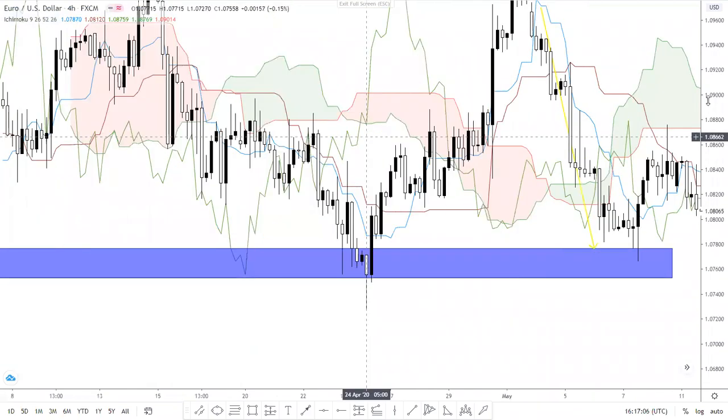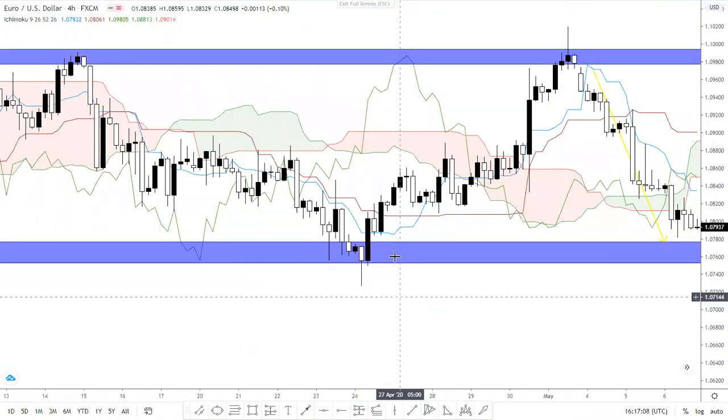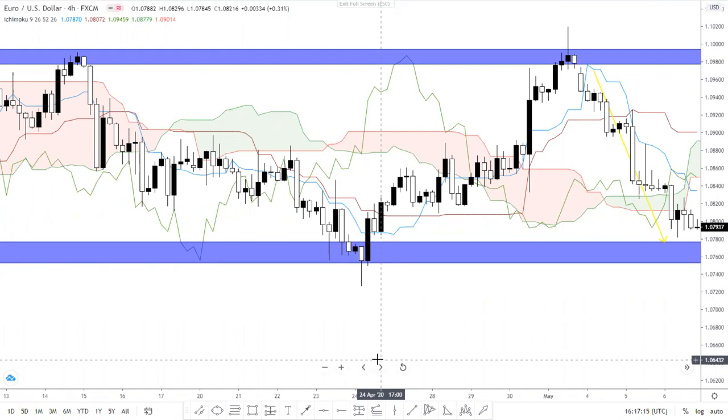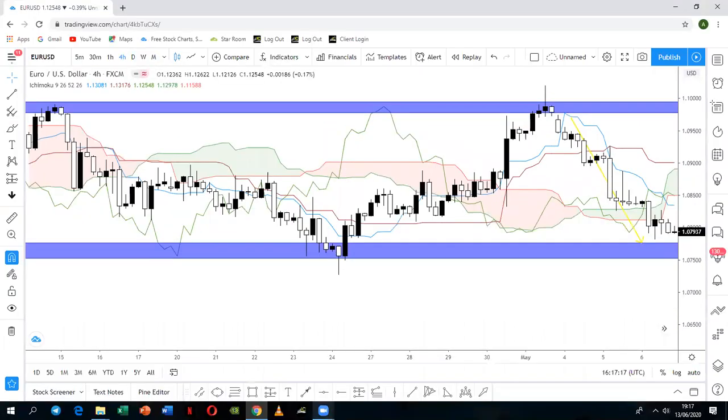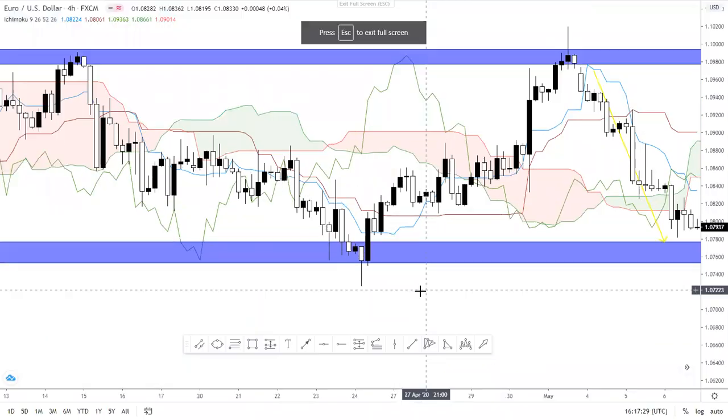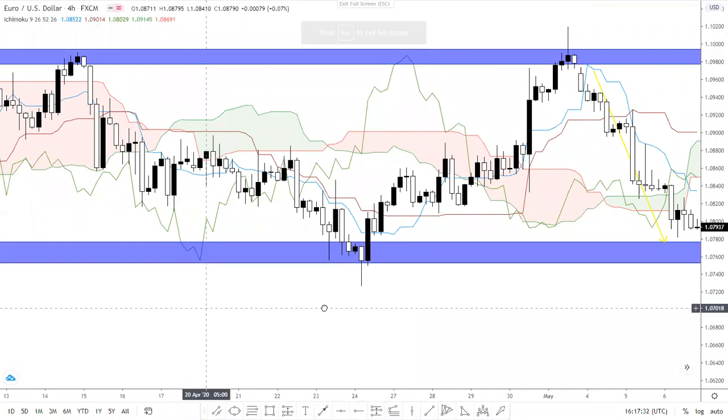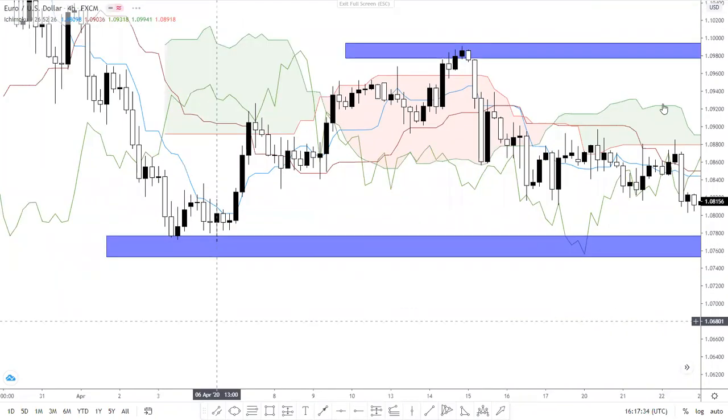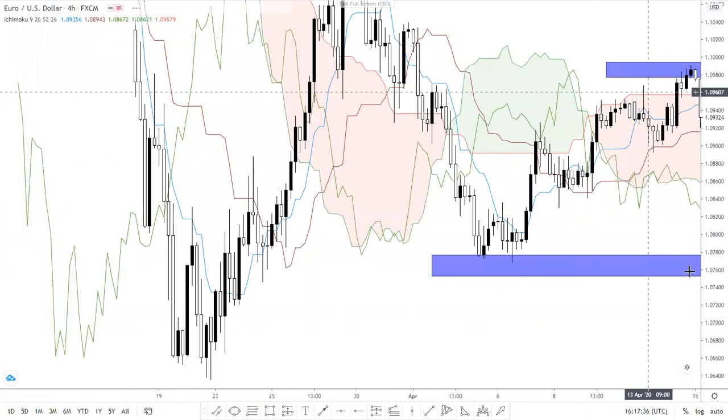However, looking at this chart, this is a range. Let me zoom out.